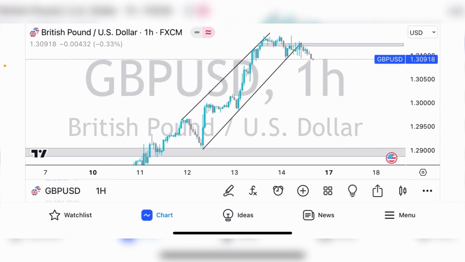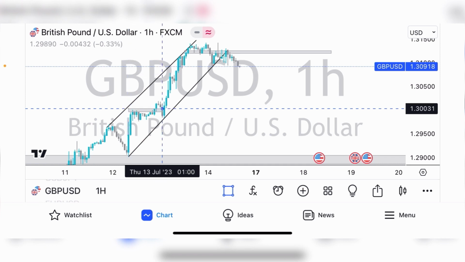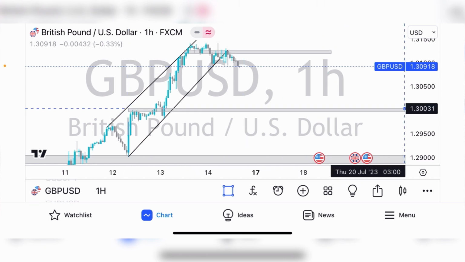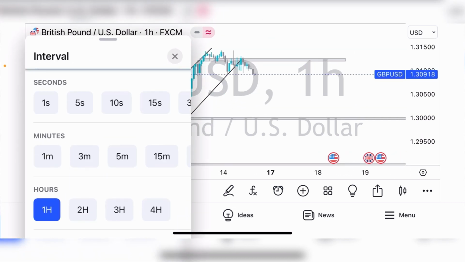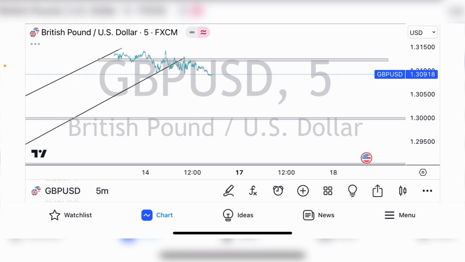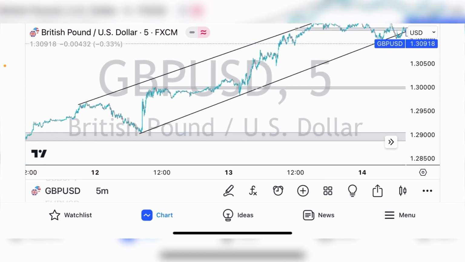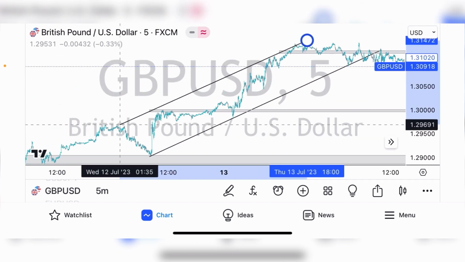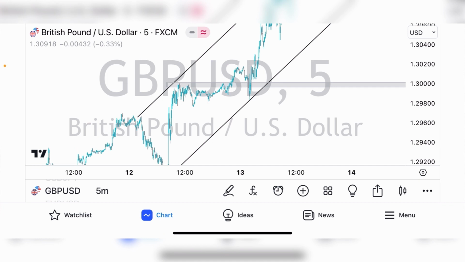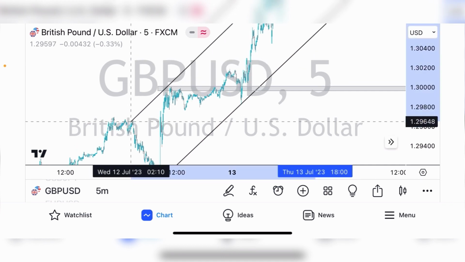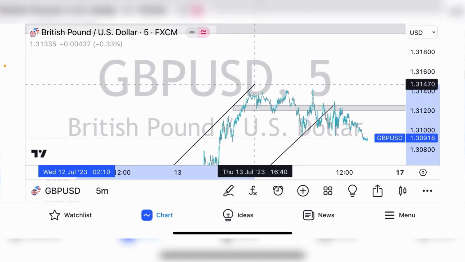So when it got broken out of, it's clearly visible that there's a change of direction here. When we go to our 5 minutes, you can clearly see there was a change of direction here. You have to look deeply so that you know and you are sure of what you're analyzing.